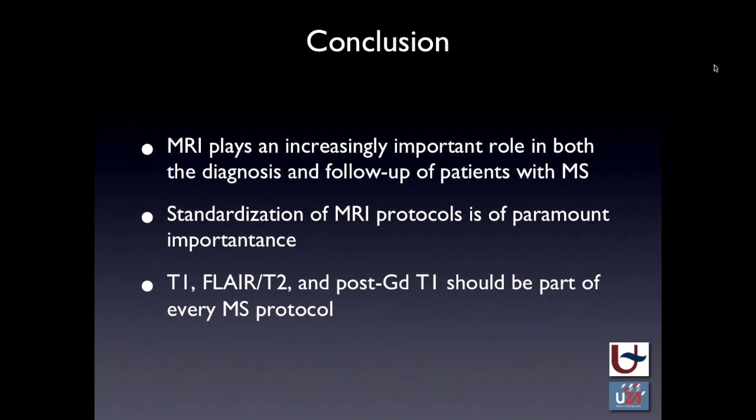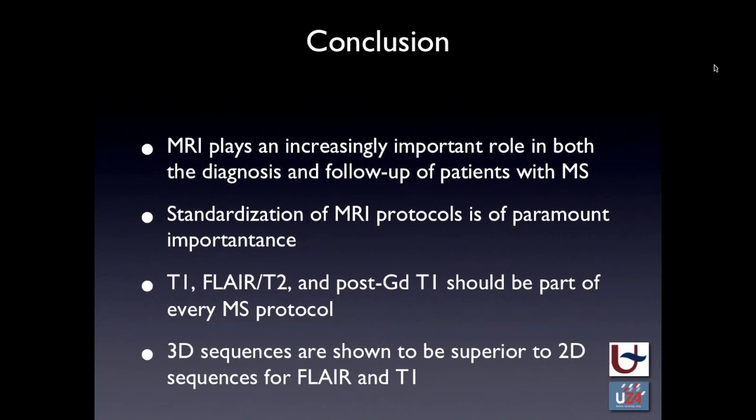A protocol should include T1 weighted images, FLAIR, T2, and post-gadolinium T1, and ideally, you should include 3D sequences, which are shown to be superior to 2D sequences for FLAIR and T1 weighted imaging, and which open the gate to volumetric assessment of both lesions and gray matter.